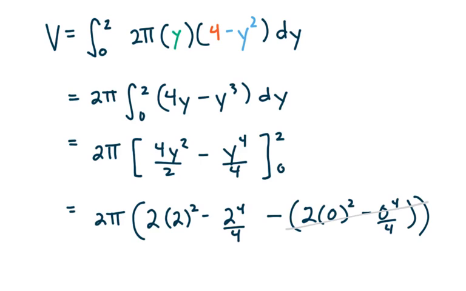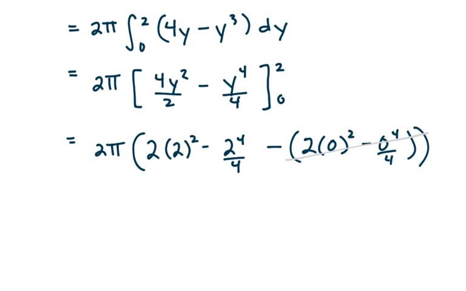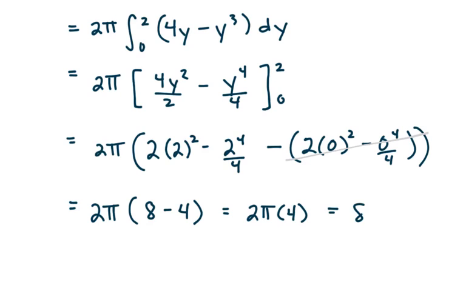And we just need to calculate this beginning part, which running through this, I have 2 pi, 2 times 2 squared is 8, minus 16 over 4 is 4, or 2 pi times 4. 8 pi represents the volume of this region.